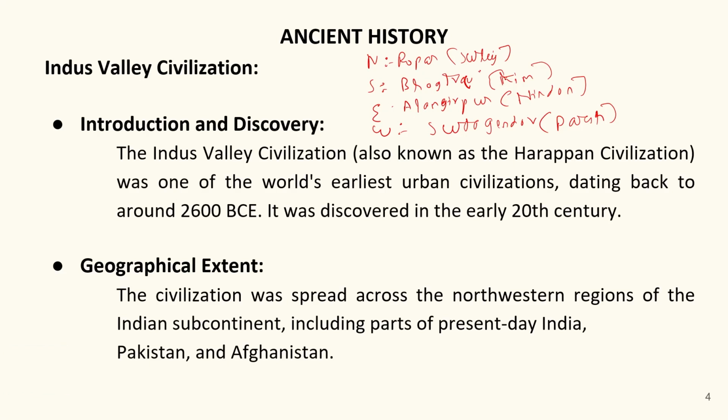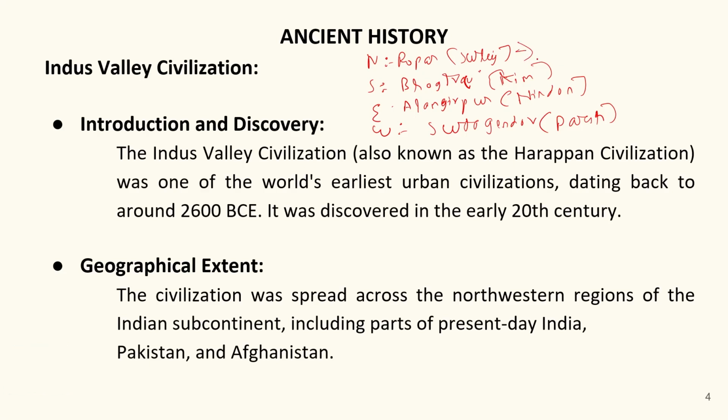South, Bhaktaraf, river Kim, in Gujarat. Alamgirpur, river Hindon, was near Ghaziabad, Uttar Pradesh, in North India. And west, Sukta Gandor, near river Daksh, lies at the Afghanistan-Iran border, you can say.